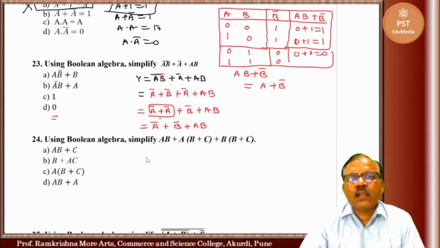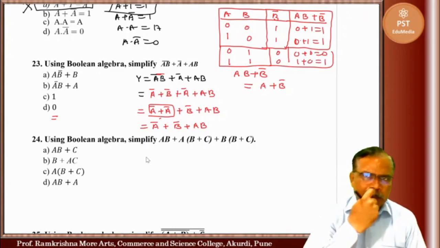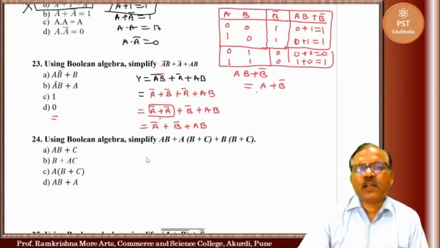Now 1 into 1, that is 1 plus 0, that is 1. So if we find for A plus B bar, 0 plus 1, that is 1. 1 plus 1, that is 1. Now 0 plus 0, that is 0. 1 plus 0, it is 0. So here A plus B bar.